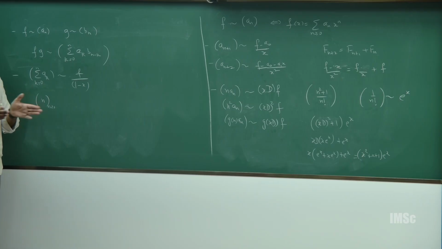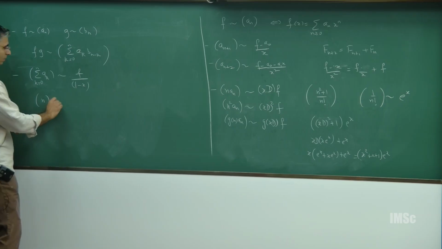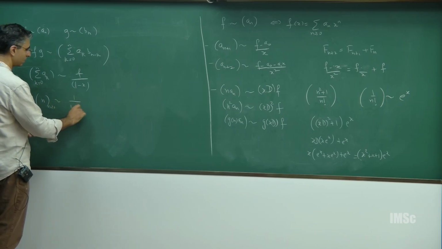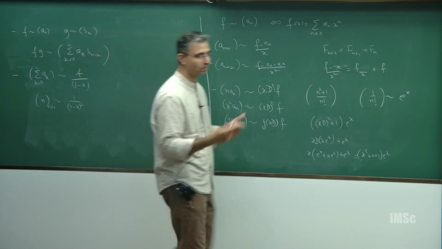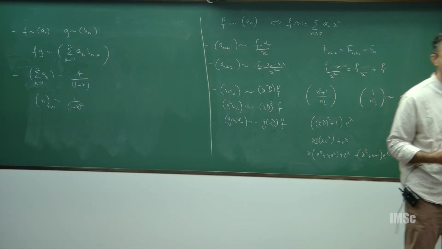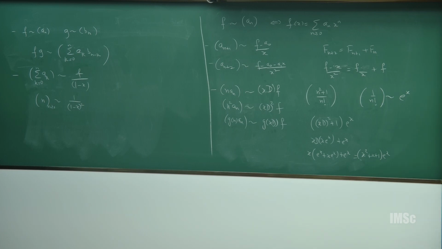Take a series which has all the coefficients 1. If you hit that series, which is 1 upon 1 minus x, it is the sum of everything before. If you multiply it with itself, it will say add up all the coefficients up till n.